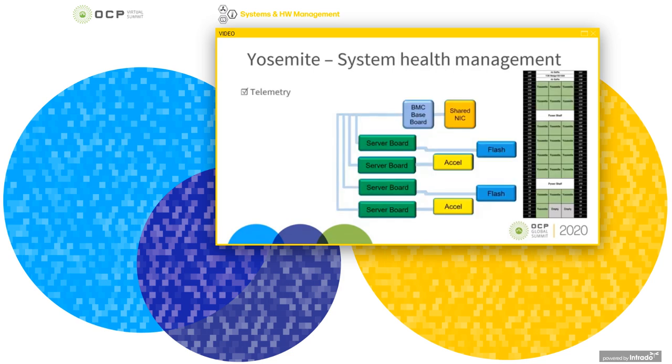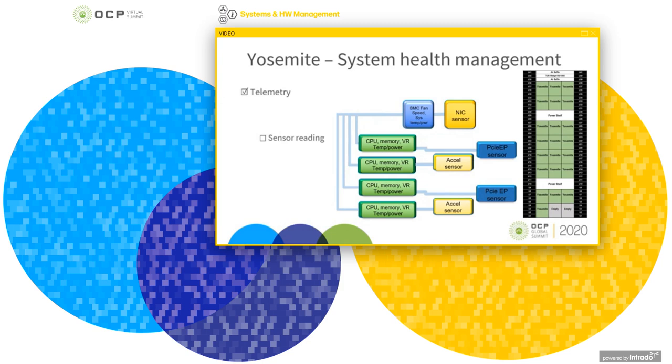Next, we need to consider telemetry as a piece of system management capability. When we say telemetry, we are looking at what kind of readings and information we can get from the system that we can monitor. Some of the things that we are considering are sensor reading and the rate of polling for different sensors.